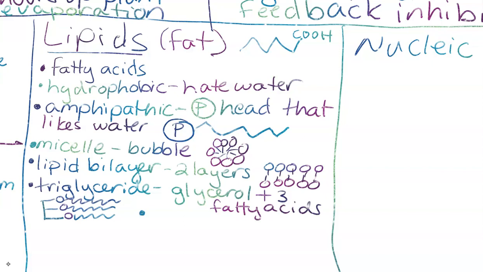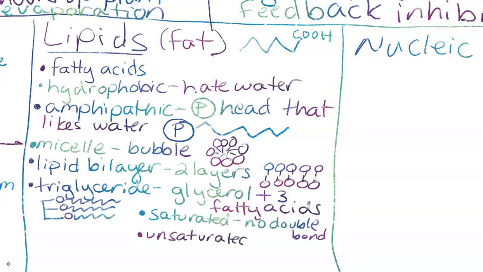Fats can be saturated, which means they have no double bonds. Or they can be unsaturated, which means they do have double bonds.